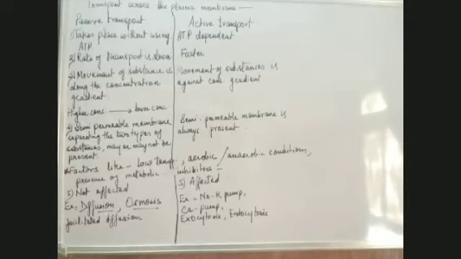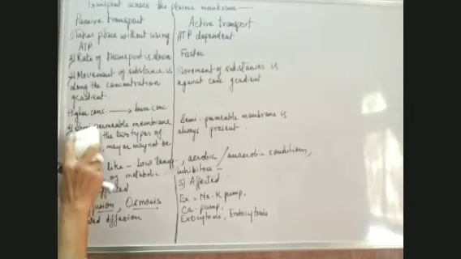Then I'll start with the next process, osmosis through plasma membrane, which is a very important topic, how osmosis takes place through the plasma membrane. Okay, it's clear. I'm getting the message that it's clear. So now I move on to the next topic, which is osmosis.